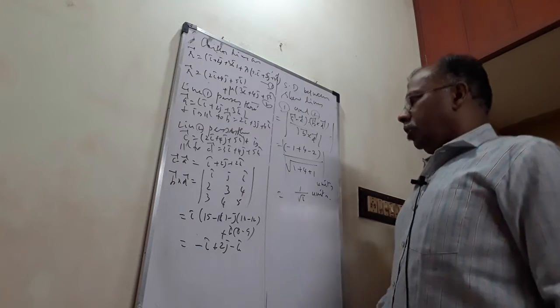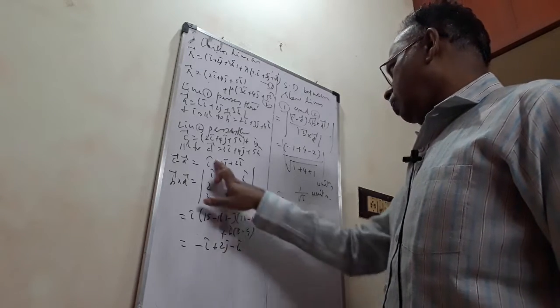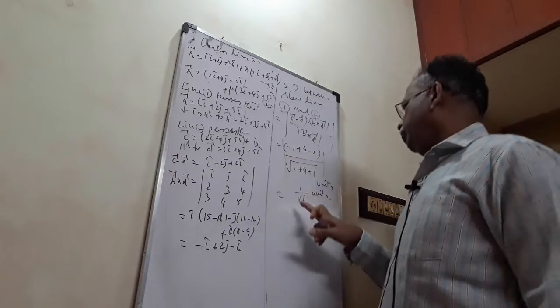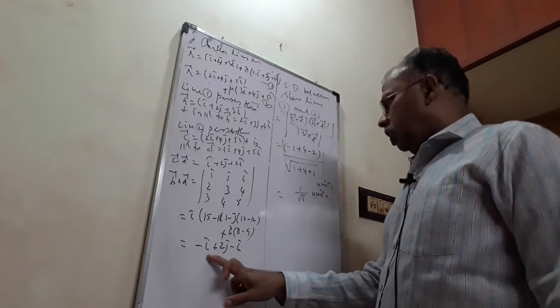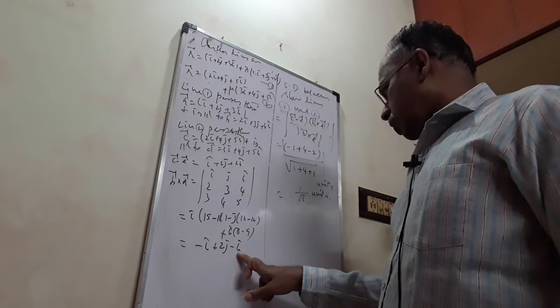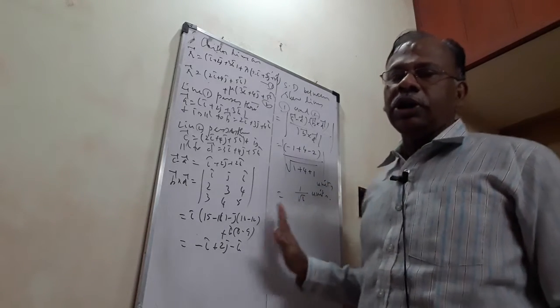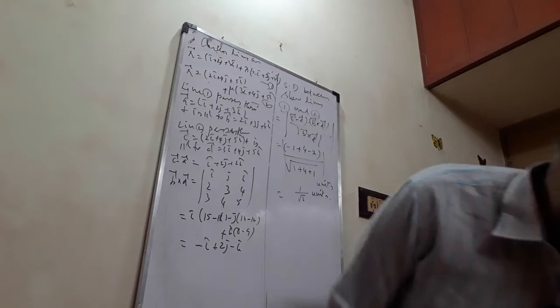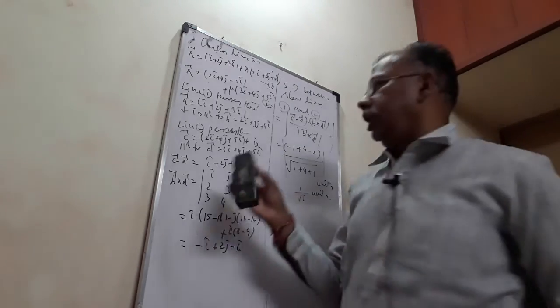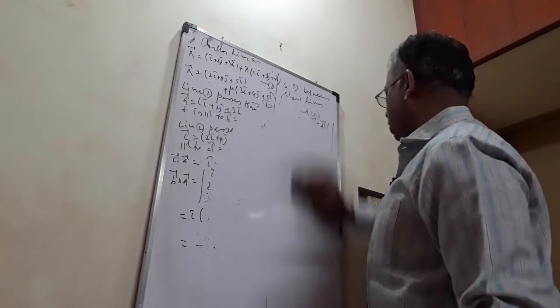(C minus A) dot (B cross D) is minus 1 plus 4 minus 2. The numerator is 1, and the modulus is root of 1 plus 4 plus 1. 1 by root 6 units is the final answer. That is the shortest distance between the given two straight lines.